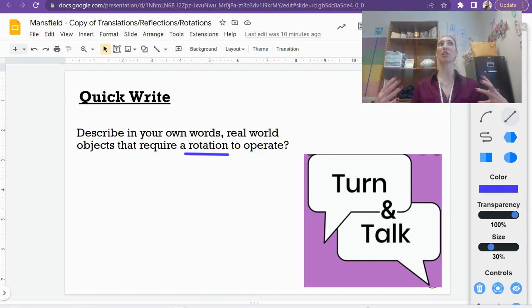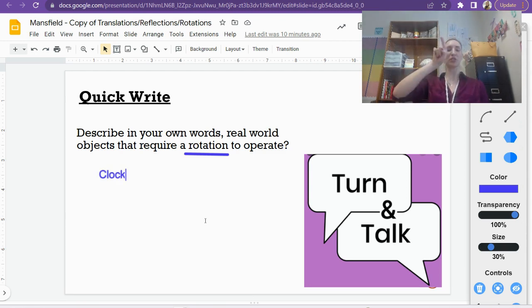Rotation, guys, is the same as turning. It's anything that goes like this or the other way, of course, like this. This is rotation. All right, so here we go. Let me give you one example, and then again, I would like you to pause this video after my example and try a few on your own. A real life object that rotates: clock.